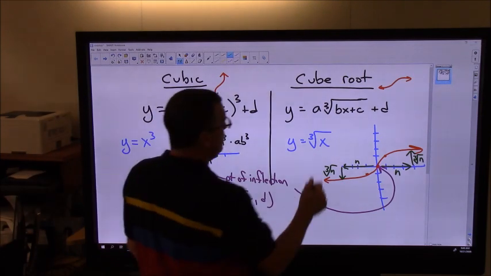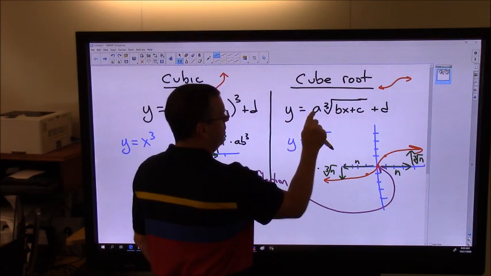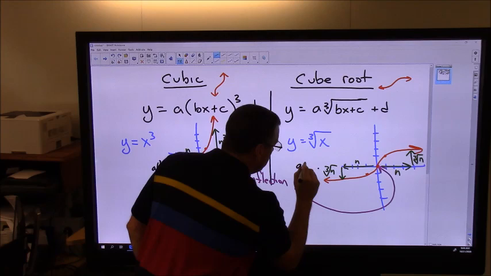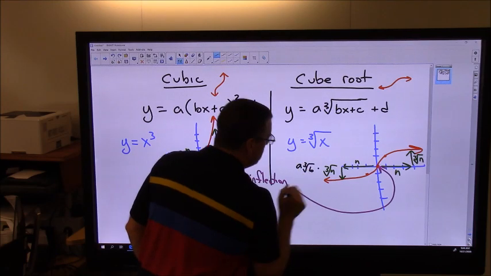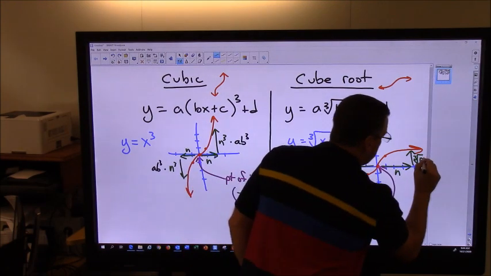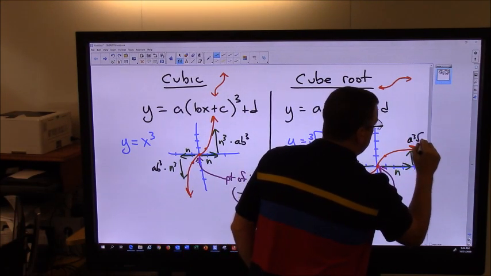And so I need to multiply this by a times the cube root of b. A cube root b. Same thing over here. Times, I don't have room to write this, but a cube root b.